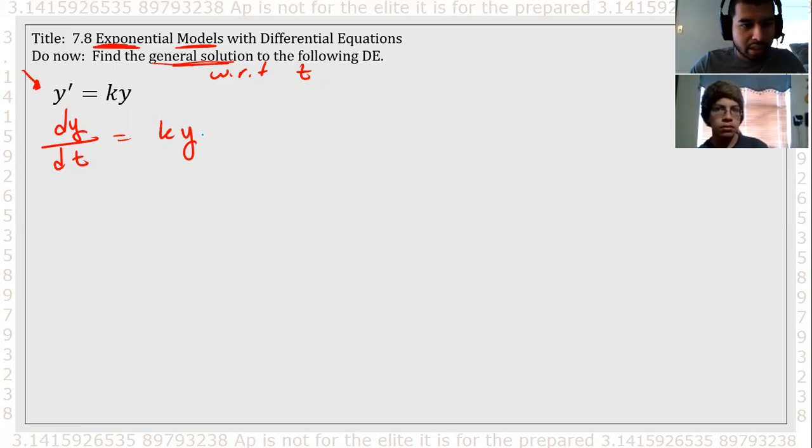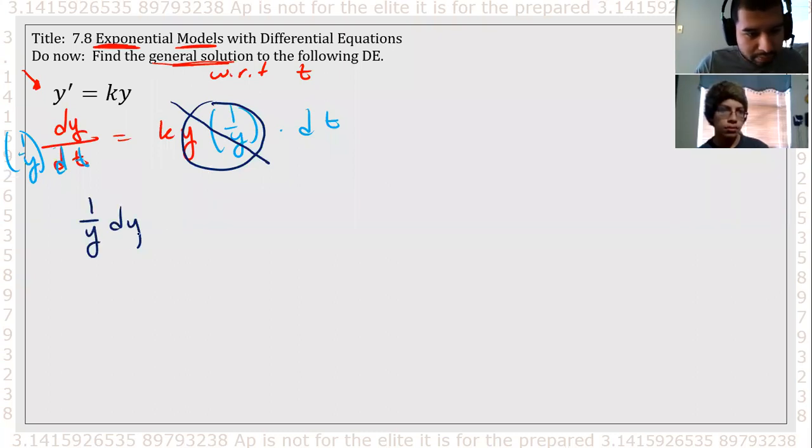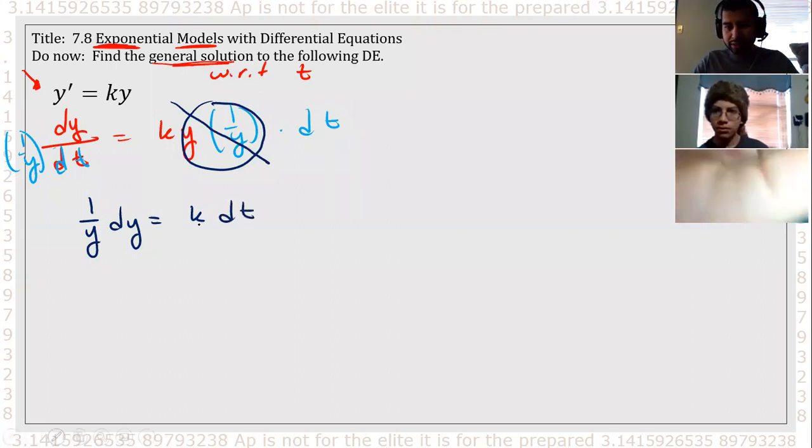I move the y to one side and the dt to the other: multiply by 1 over y, and multiply by dt. The y and dy cancel, so I have 1 over y dy equals k dt. So far, so good.